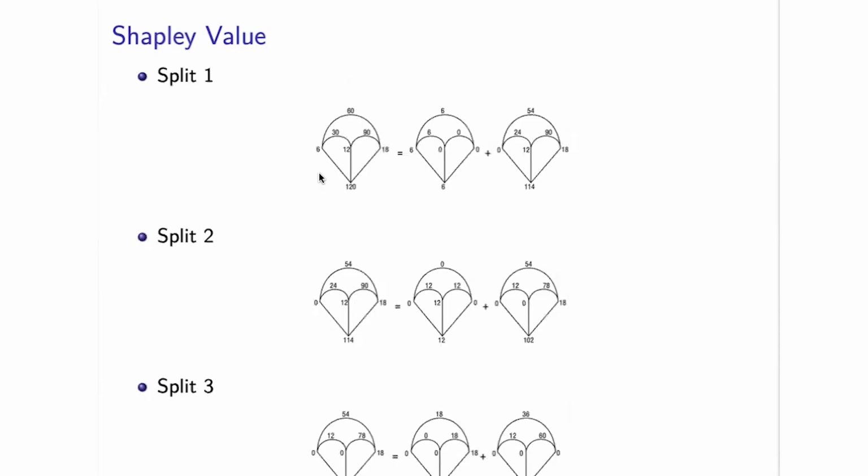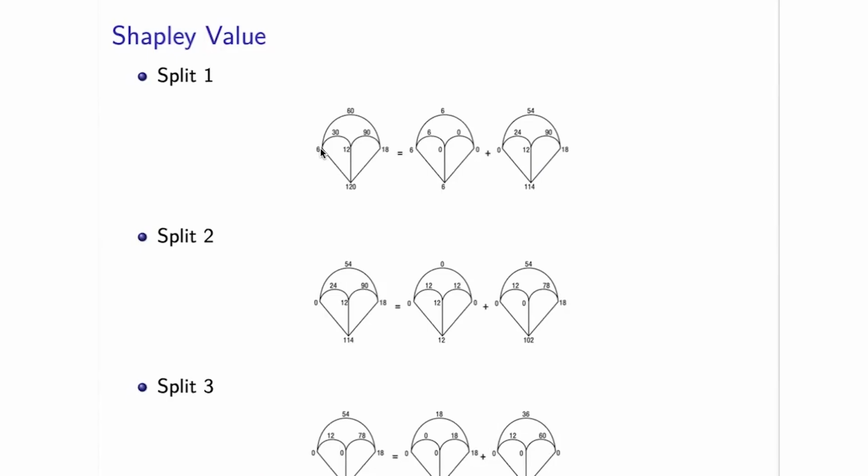So in the first case, imagine that this was the original game that you had, and you decided to split it off into these 2 games, right? So what did we do here? We thought about it from player one's perspective, right? So for player one, V1 is equal to 6. So figure out everywhere where you have got player one being part of the coalition, and then take out the value 6 from that.